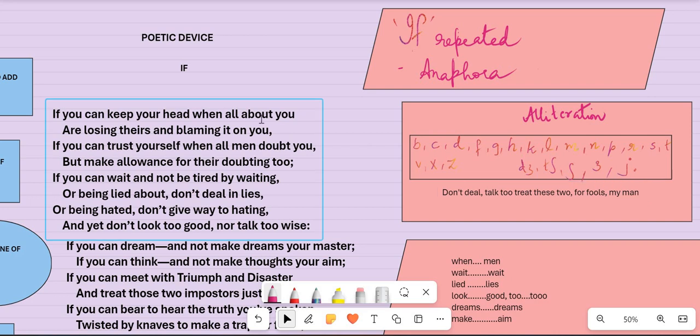These are sounds other than vowel sounds in English. So, if that is the point, can you give me some examples from the poem given here?